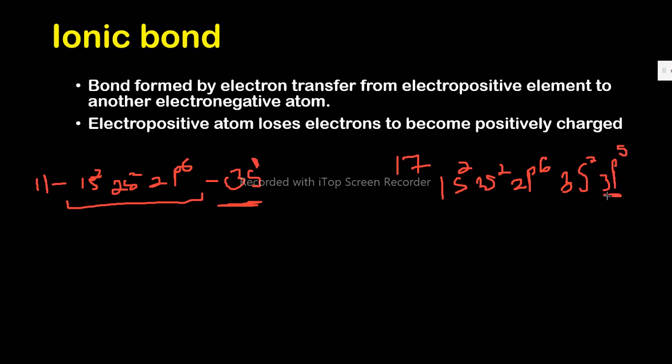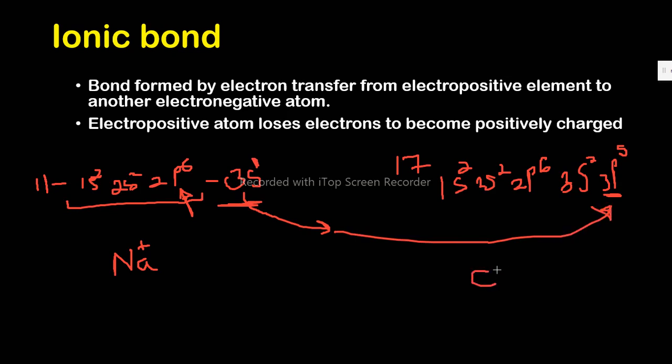It needs just one electron to become stable. And this one, sodium, needs to lose just one electron to have that octet structure. So it will be easy for this one to lose the one electron and form a positively charged ion. And this one, it will be easy to gain this one electron and form a negatively charged ion.